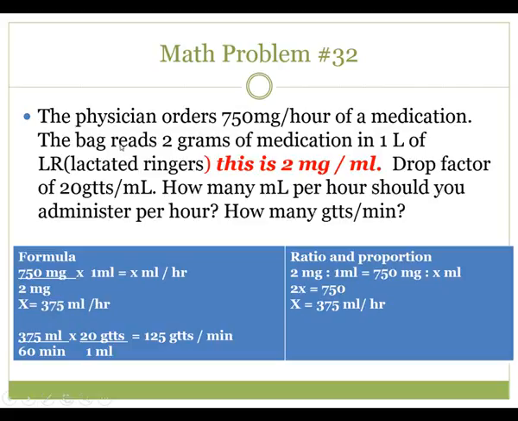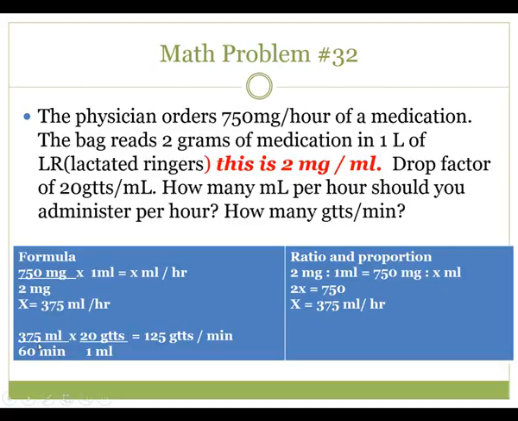What he's ordered is 750 milligrams. What we need to know is how many mils contain 750 milligrams, and that's what this formula is: the desired dose, 750 milligrams, over the available dose, which is 2 milligrams, times the quantity of available dose, which is 1 mil. That gives us 375 mils is what 750 milligrams is in. So if we're going to give him that per hour, we're going to give him 375 mils per hour.